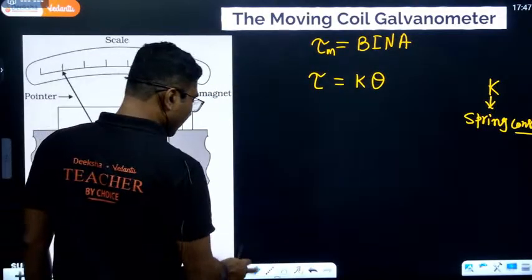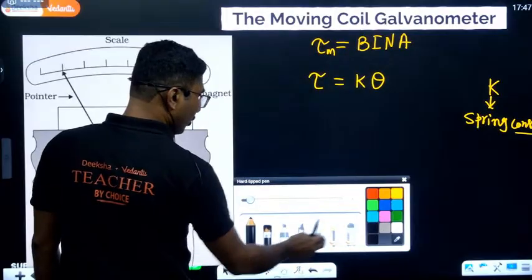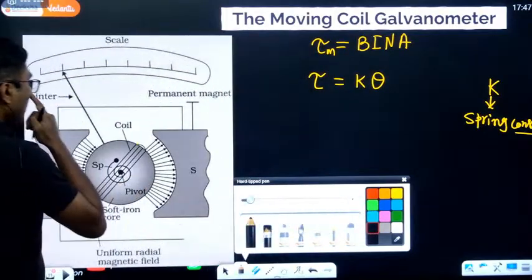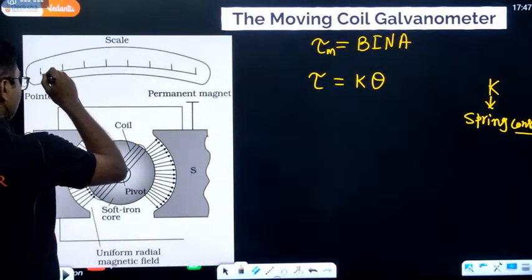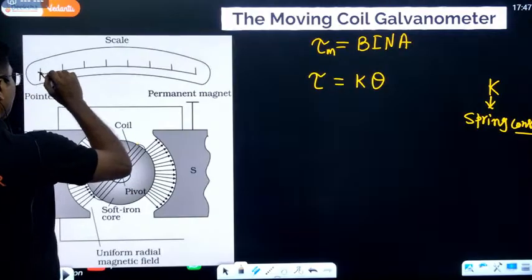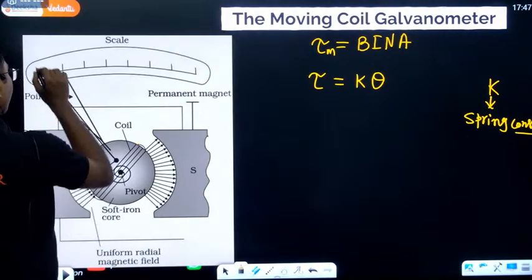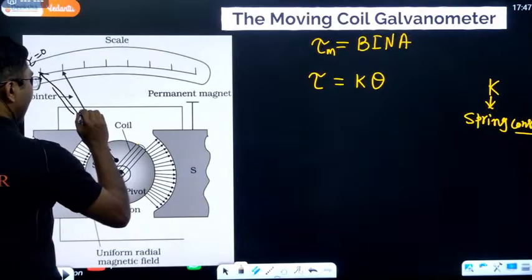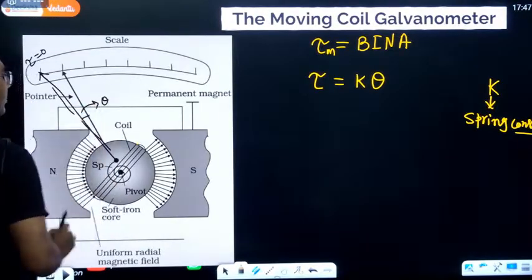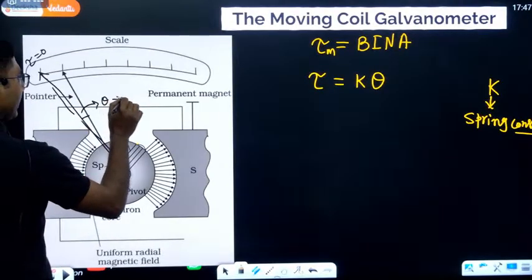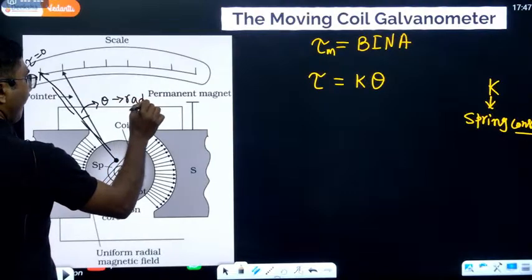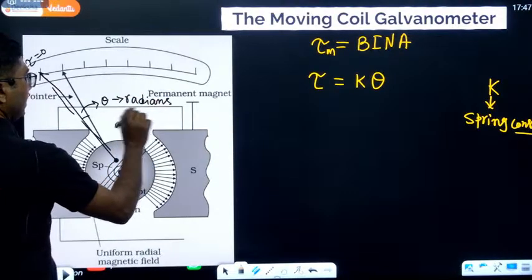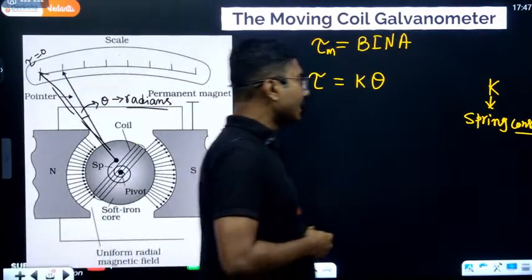Normally when there was no torque, the angle was here. This is the normal position when torque is 0. Here some torque is acting. Then this angle is your theta. And theta has to be in radians. These things are important.